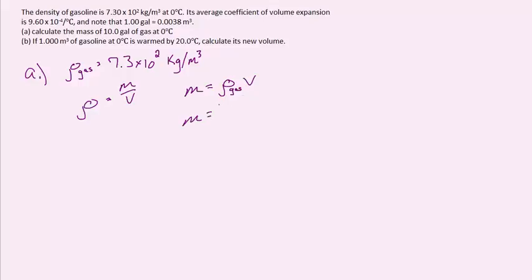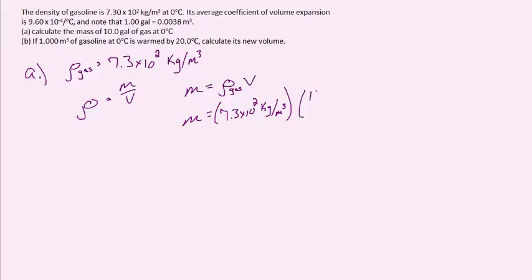So given that the density of gasoline is 7.3 times 10 to the second kilograms per meter cubed, if we multiply our density by volume, we're given a volume of 10 gallons. However, since our density is in meters cubed, we'll have to convert our volume of gallons into meters cubed.